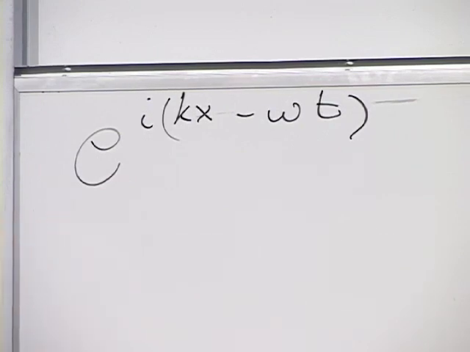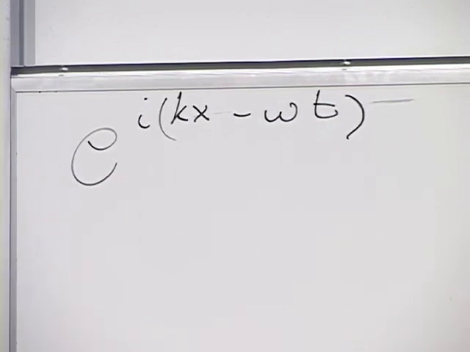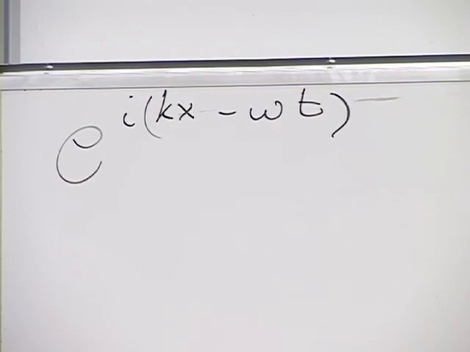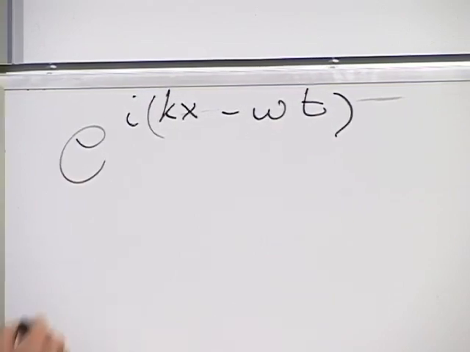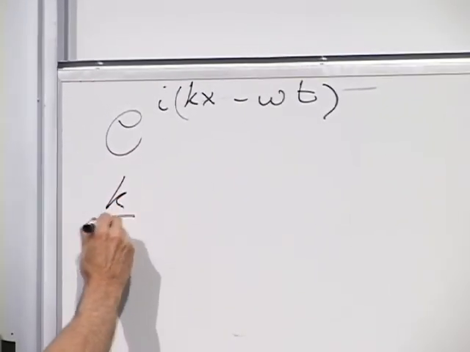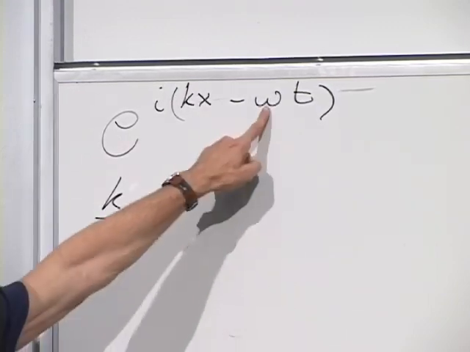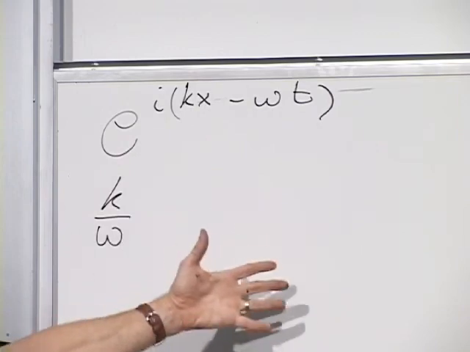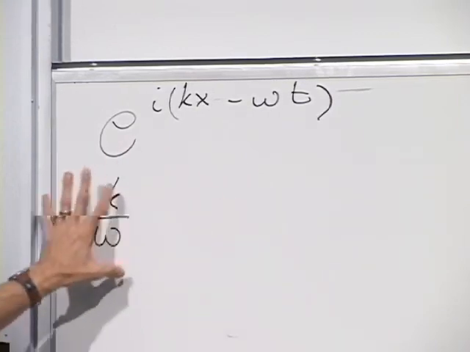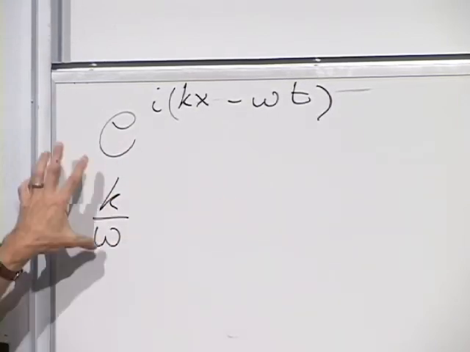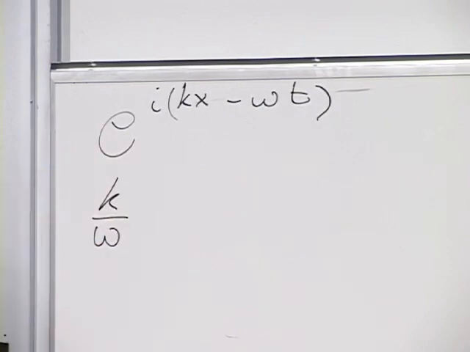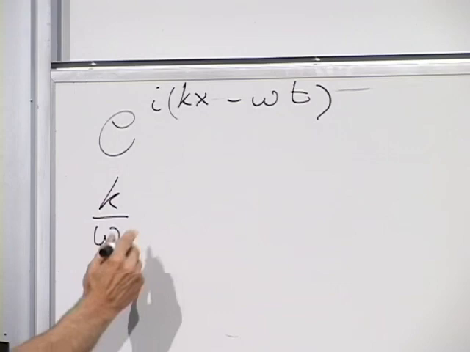If you remember, the velocity of a wave, strictly speaking the phase velocity of a wave, is just k over omega. If omega is a linear function of k, then it's the same as the group velocity. If the ratio is universal for all k, then phase and group velocities are the same. But in any case, this is the group velocity.